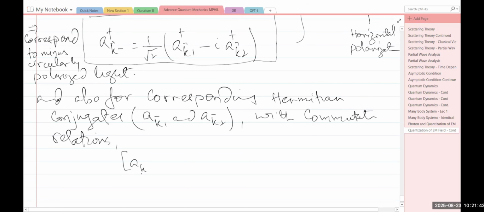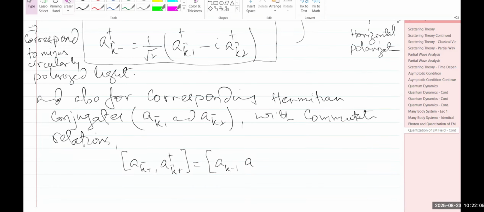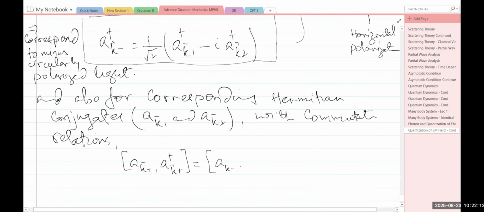That would be a k plus, a k plus dagger equals, and a k minus, a k minus dagger equals 1, that is equal to 1, and the others are zero.